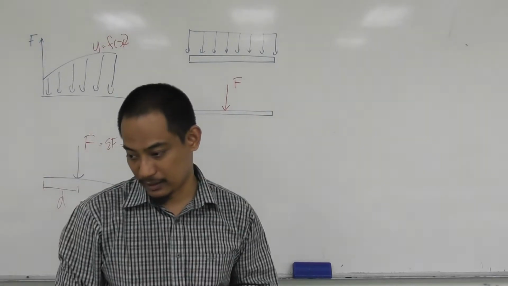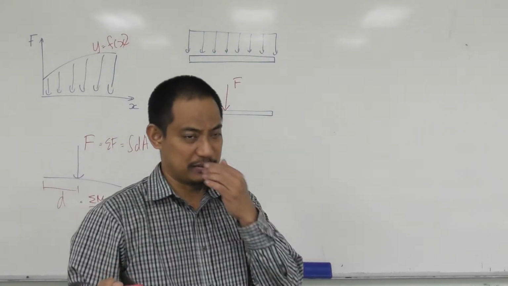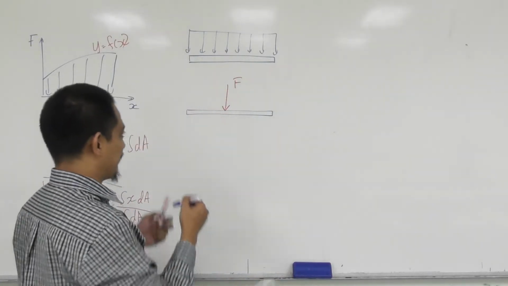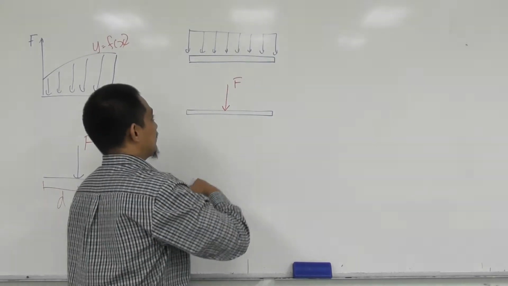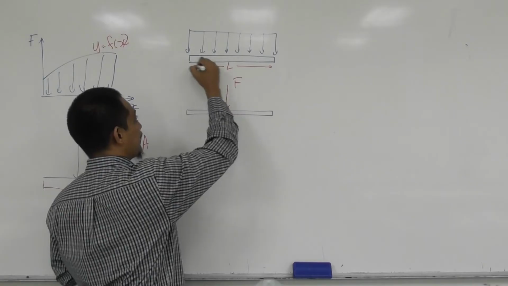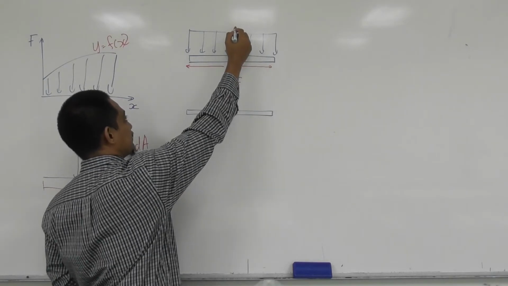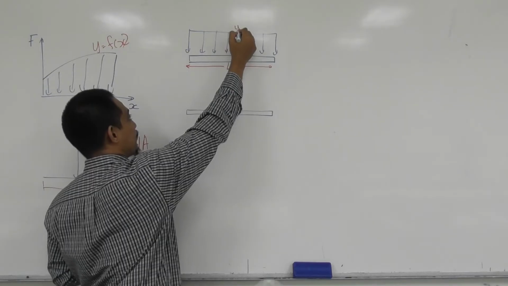So let's give a certain value. If I use an arbitrary value, or if I use the function, we consider this length to be L, and for this one it is W. The function is y equal to W.